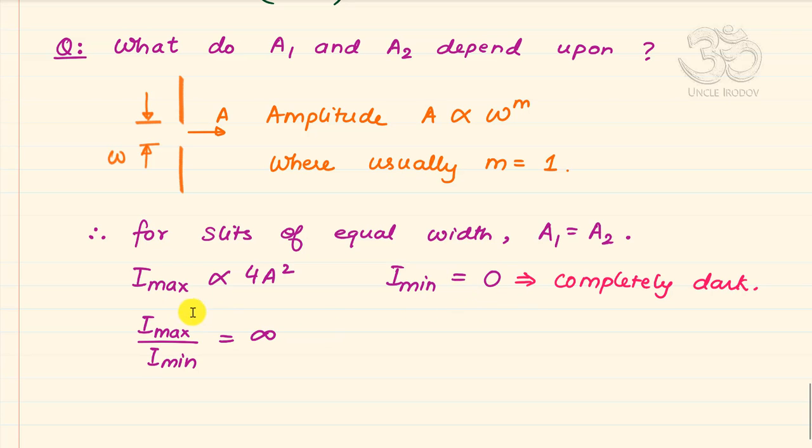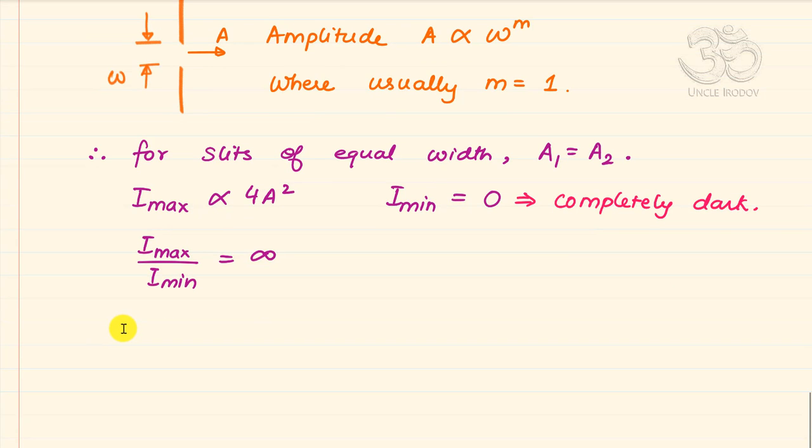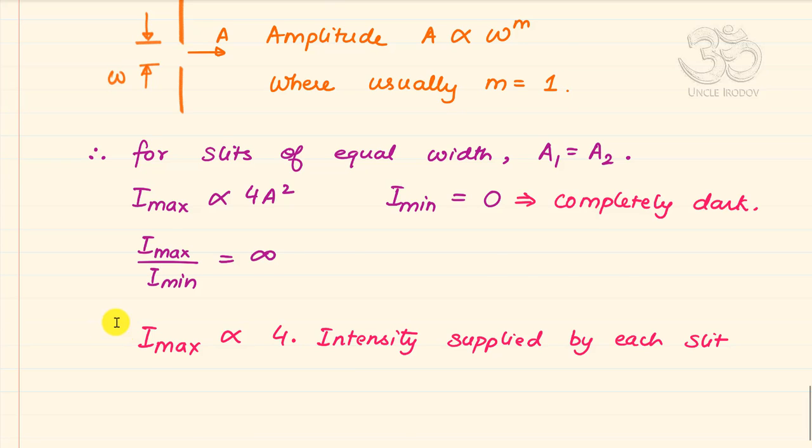Otherwise, you are going to get the least brightness at dark fringes, but there will still be some light over there. And in this case, when amplitude 1 is equal to amplitude 2, you can say that the maximum intensity, I max, is actually proportional to 4 times the intensity supplied by each slit. Because if the amplitude that goes out of each slit is equal to A, so let me say A1 is equal to A2 is equal to A. This A is their common value.